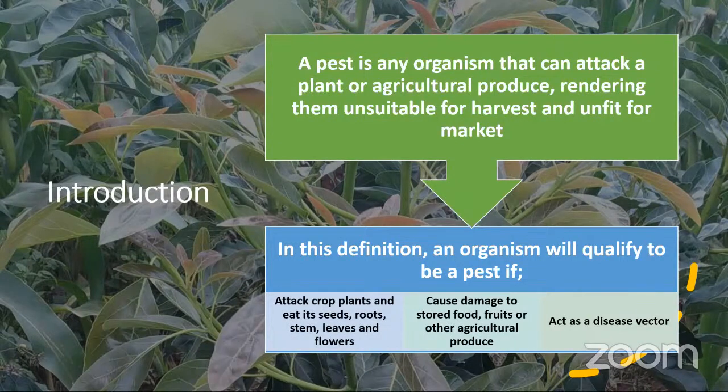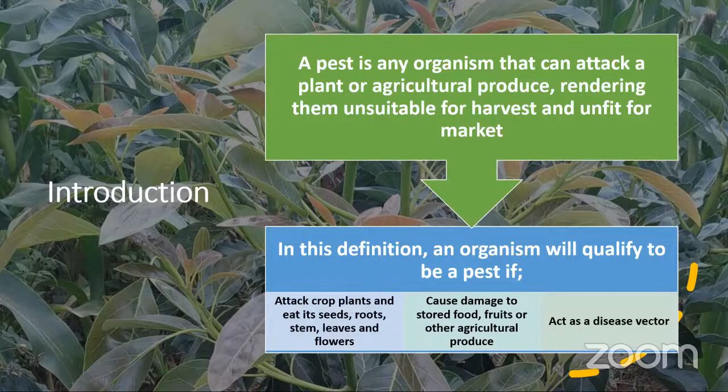Okay, first things first. In the introduction, I want to look at how we define a pest, or what a pest is in agricultural terms. In agriculture, we define a pest as any organism that can attack a plant or agricultural produce, rendering them unsuitable for harvest and unfit for market.